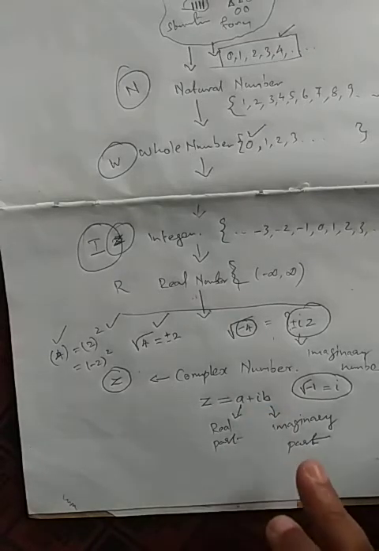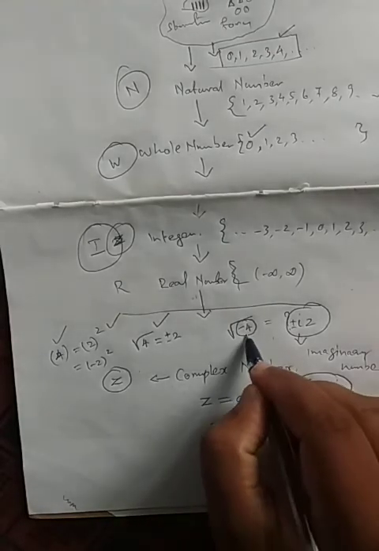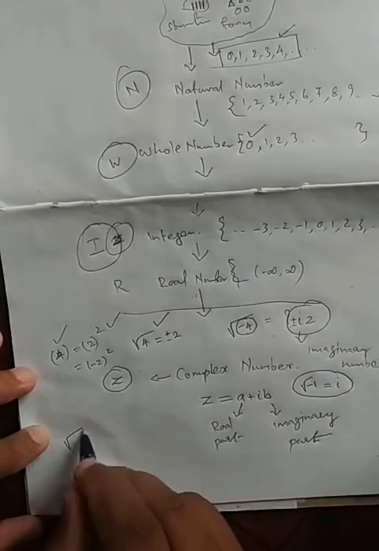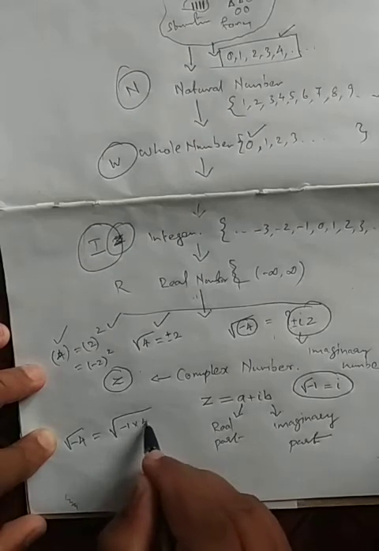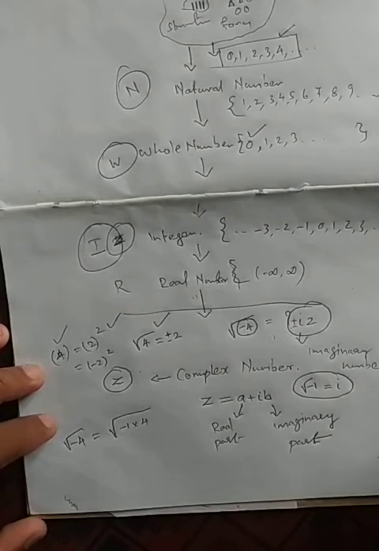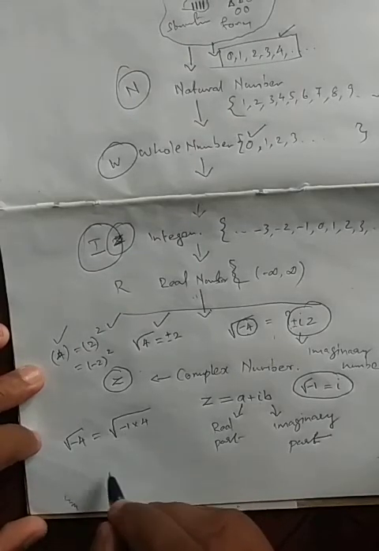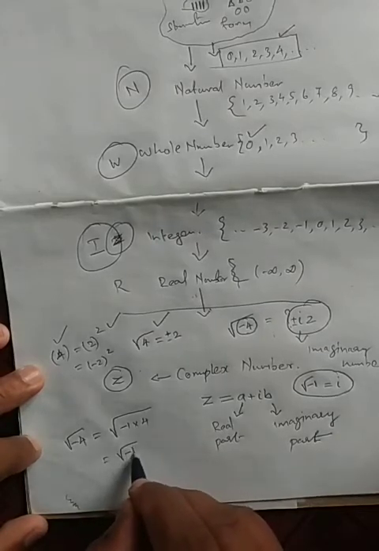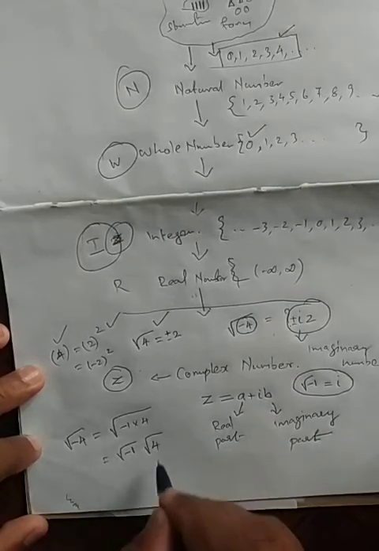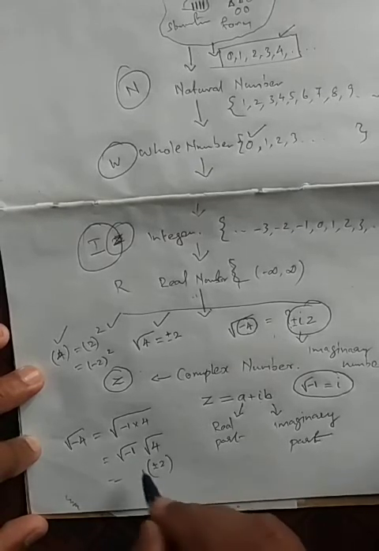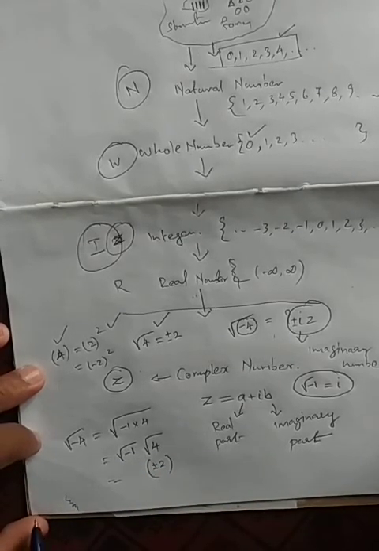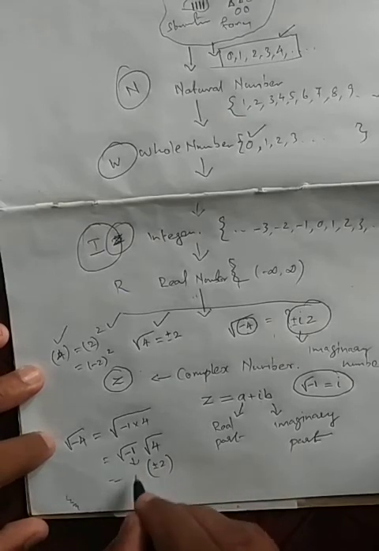So we separate this minus 4. I am writing here minus 4 as the square root of minus 1 times 4. Splitting it, the square root of minus 1 times root 4. As you know, root 4 is plus or minus 2. And the square root of minus 1 gives us i.